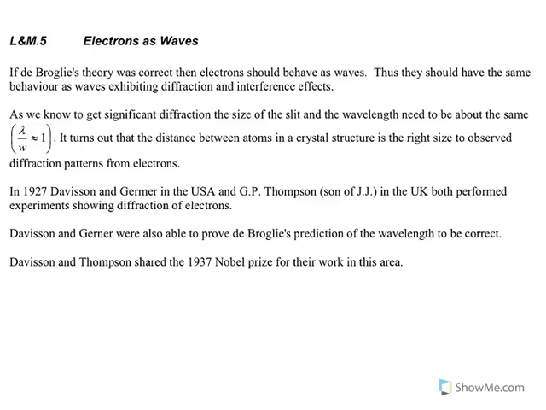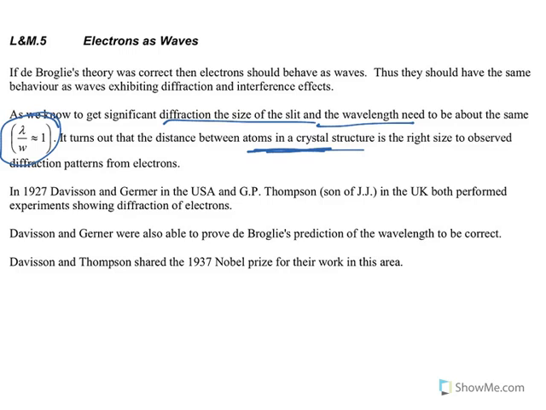So if electrons as waves was correct, then we should be able to see some wave behaviour exhibited. Diffraction depends on the slit size and the wavelength, and if they're about the same, we get diffraction, and atoms in a crystal structure are about the right size.